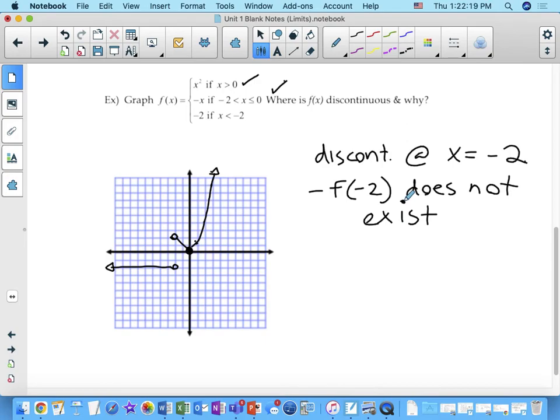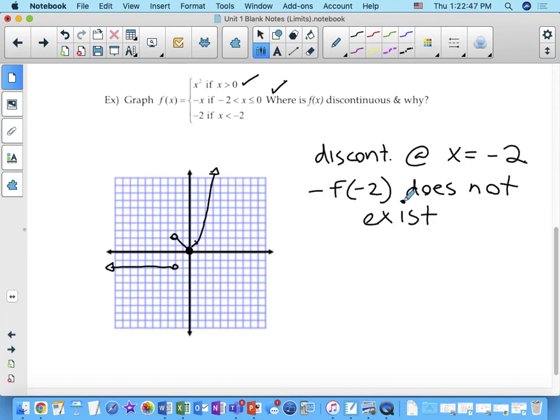Because they don't equal each other? What doesn't equal each other? Well, they both have limits from either side. Yeah, but are the two limits from either side the same? No, that's why.